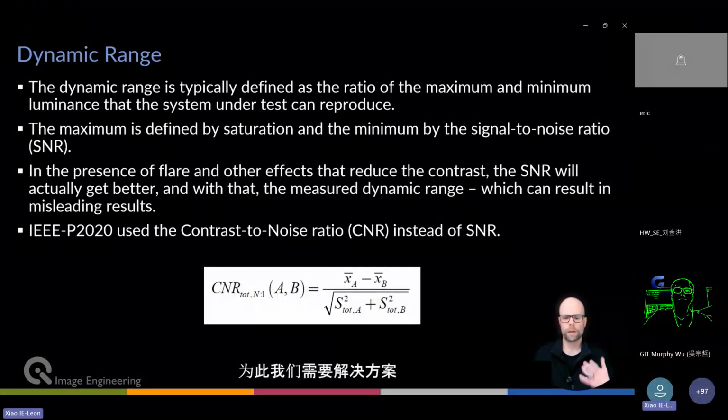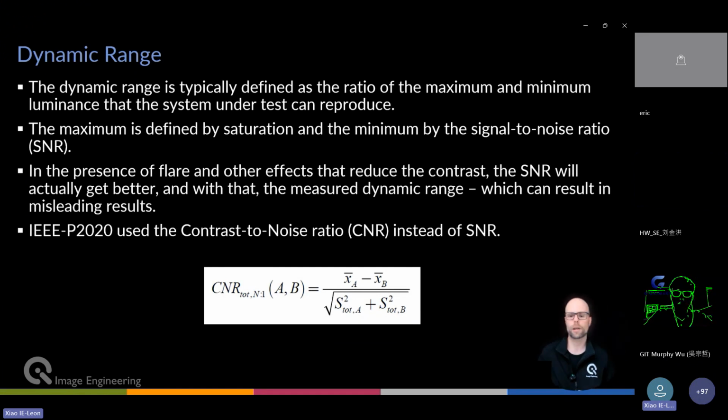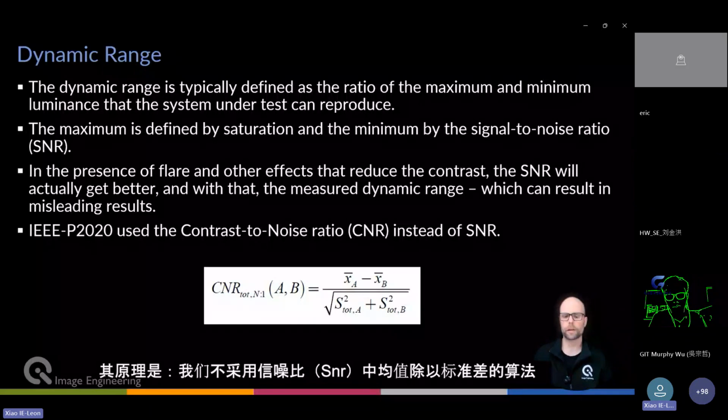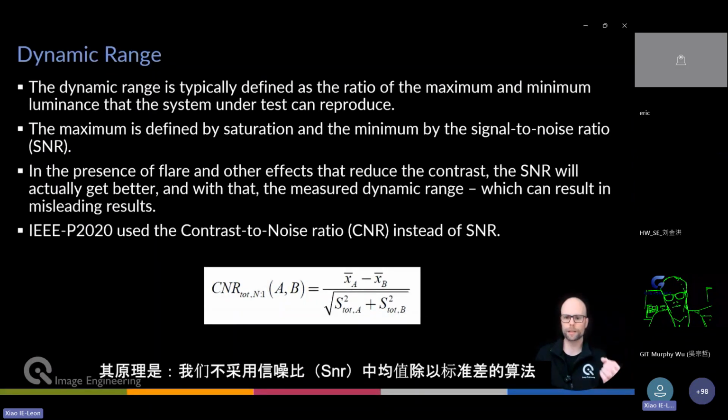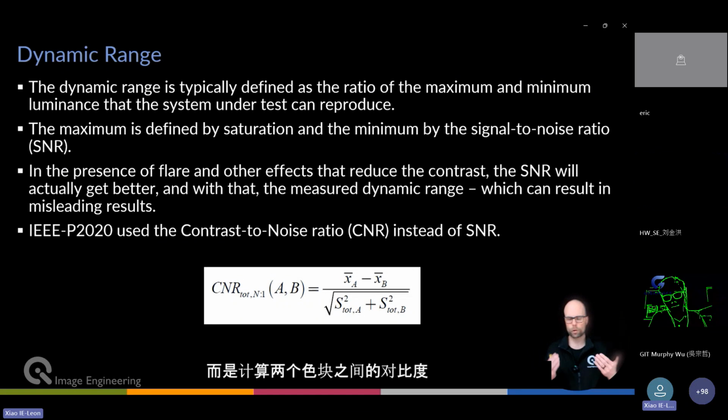Therefore, IEEE P2020 addressed that, and there's a definition of CNR, the contrast to noise ratio. So the idea is that we do not use the mean value divided by standard deviation, as for SNR. We take the contrast between two patches.